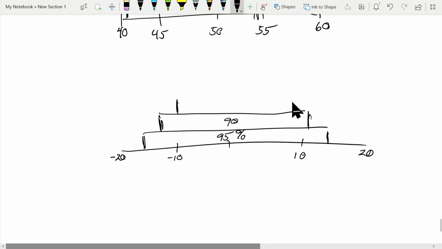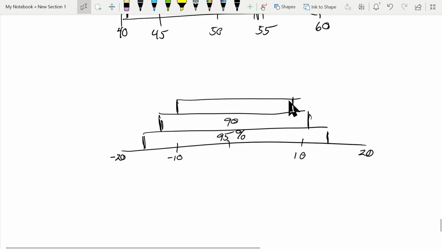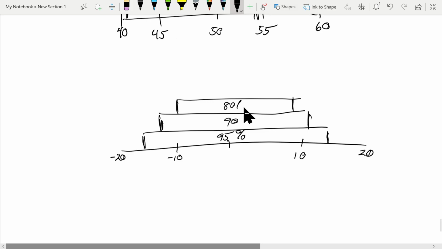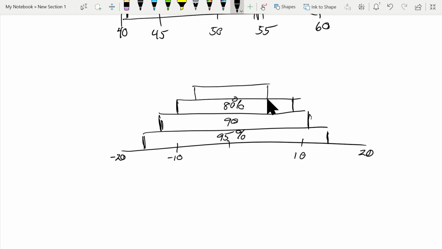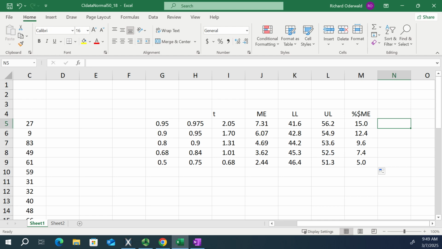Right there at the 10. What else have I got? 68%. That's going to be half the width of the 95. And the 50% bet, the last one, is 5. 5% up, 5% down.